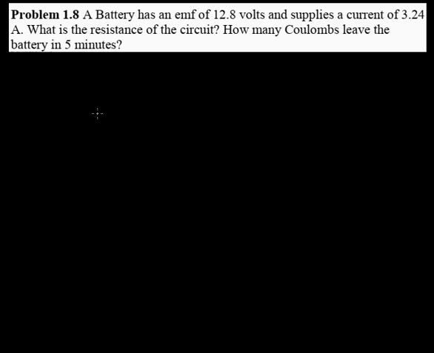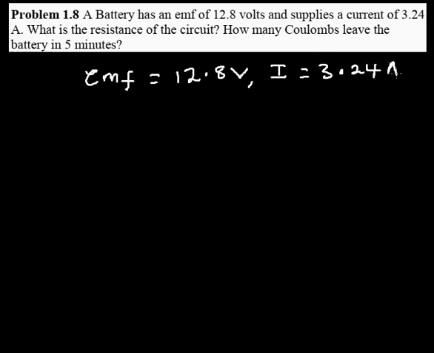Okay. So the EMF, of course, you know, EMF is also the same as the voltage. So the EMF is 12.8 volts, and of course, it supplies a current of 3.24 ampere. So what is the resistance of the circuit?